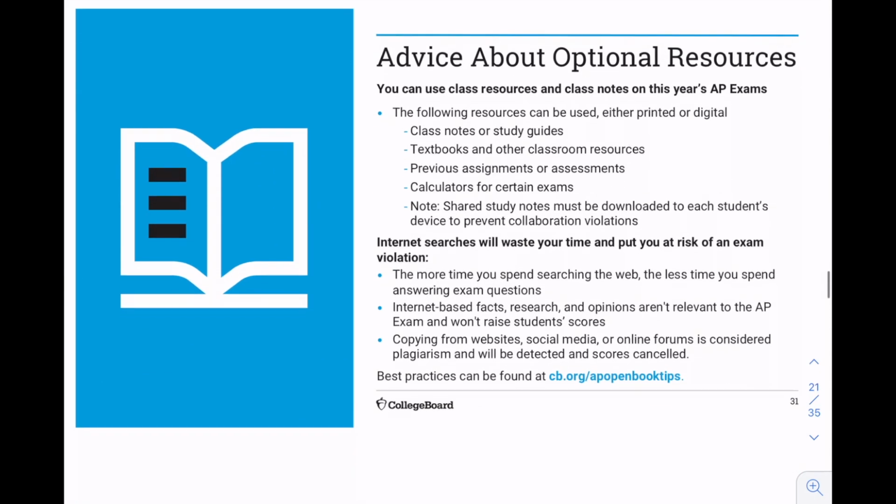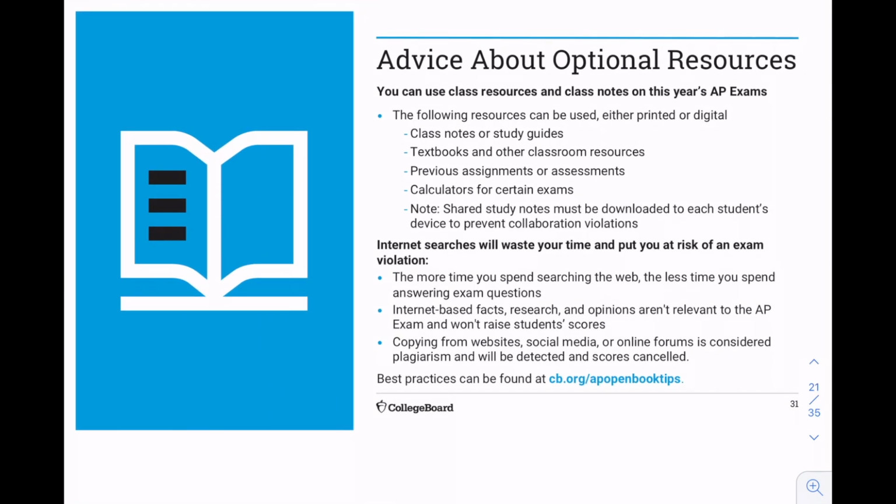All right. So College Board gives you some advice about using these optional resources. You can use class resources and notes on this year's exam. So they give you lists of things you can use. But here's the thing. The more time you spend looking things up, the less time you spend answering the questions.